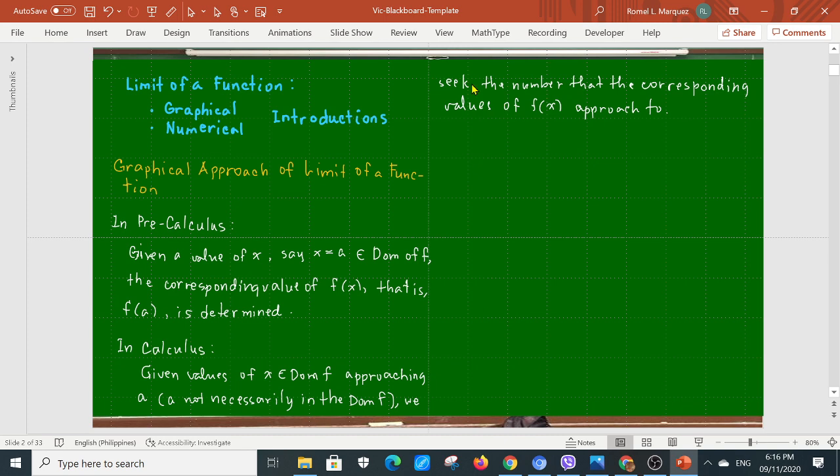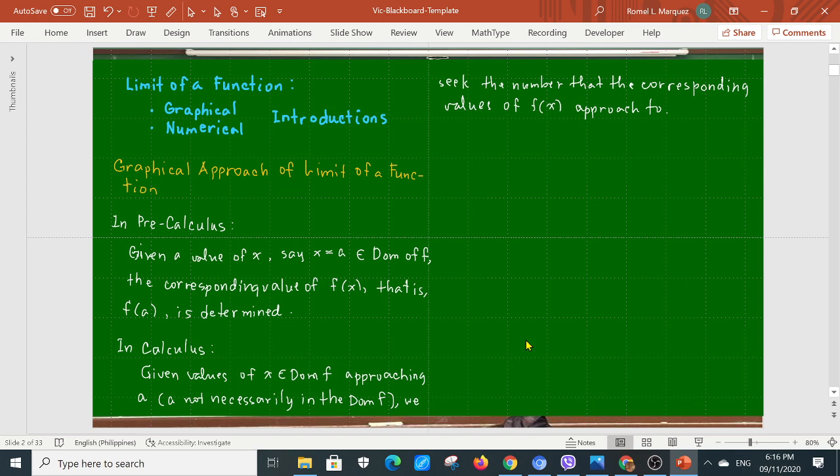So again, in pre-calculus, we're after the value of the function normally at x equals a. And of course, we want your a to be in the domain of f. But in calculus, we're interested with those values that are in the domain of f and how they behave near x equals a. Okay?